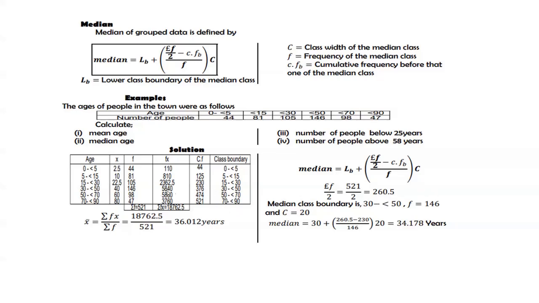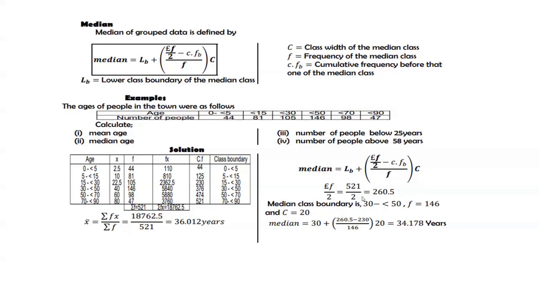So we shall go to this side, and we'll be able to get the class width and the class boundary. So the class boundary is 30 to less 50. So you are able to get the class width, and you are also able to get the lower class boundary.